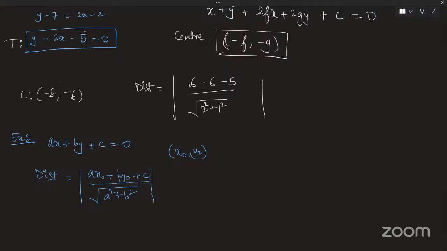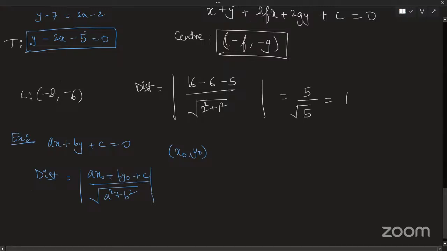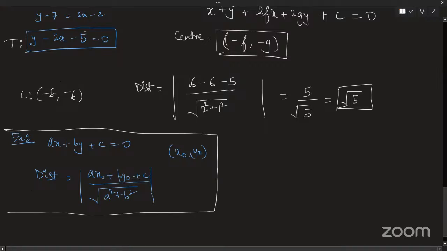So the numerator is 16 minus 11, that's 5, divided by square root of 5, so it is square root of 5. The distance is coming out to be square root of 5.